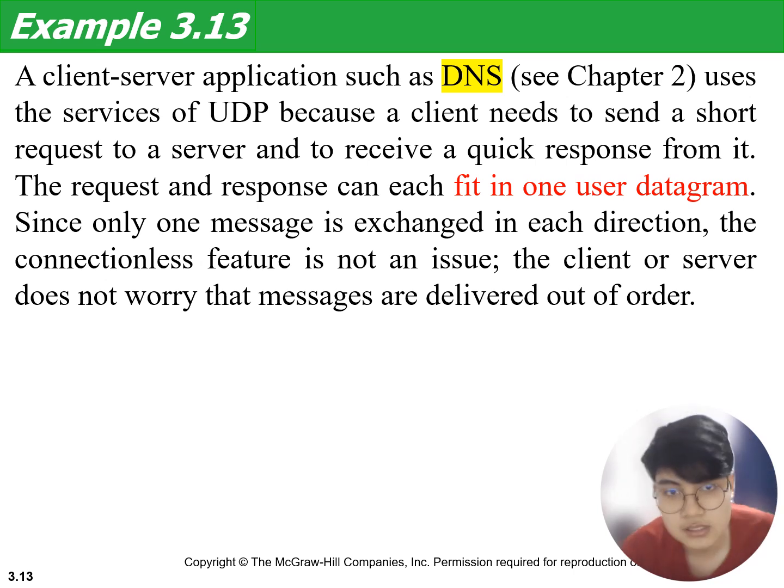The request and response can each fit in one user datagram. Since only one message is exchanged in each direction, the connectionless feature is not an issue. The client or server does not worry that messages are delivered out of order.